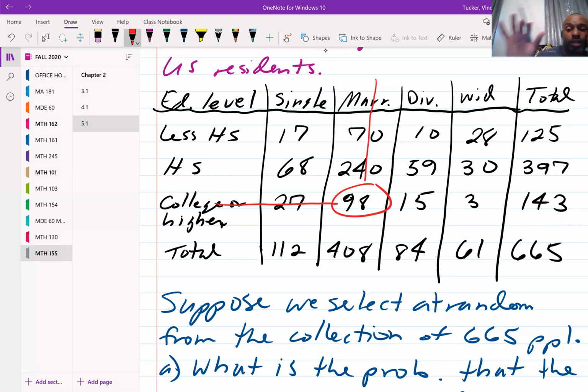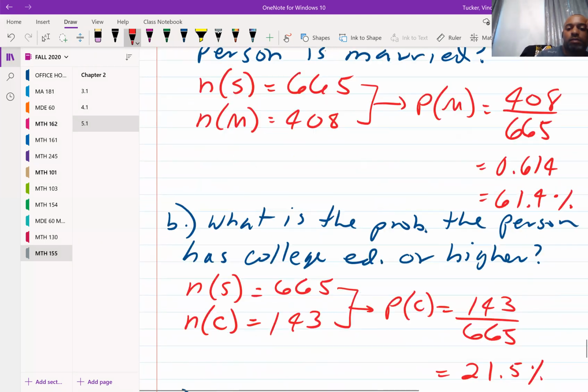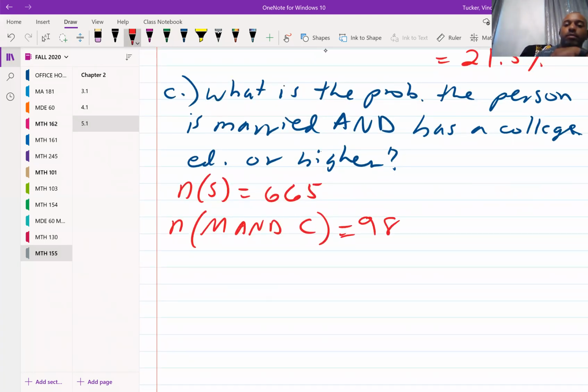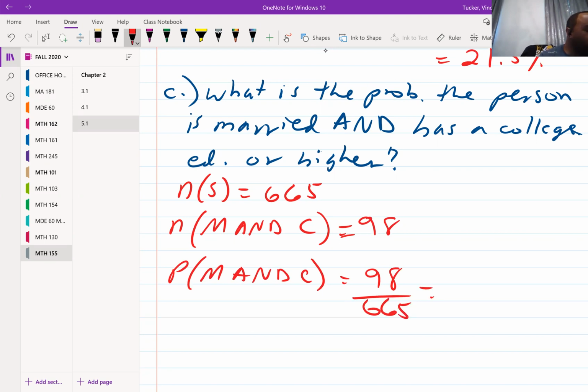Those are the number of people in this 665 that are married and have a college education. So the probability of them both would be 98 over 665. Any questions?